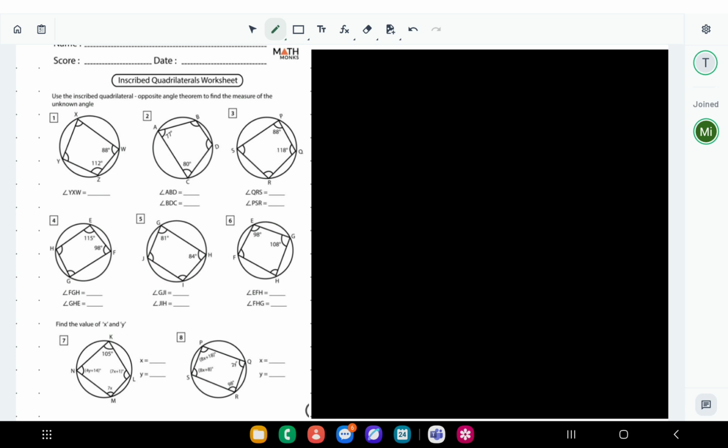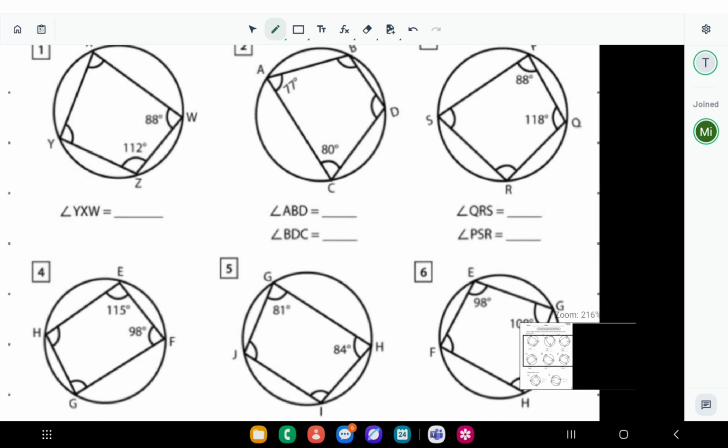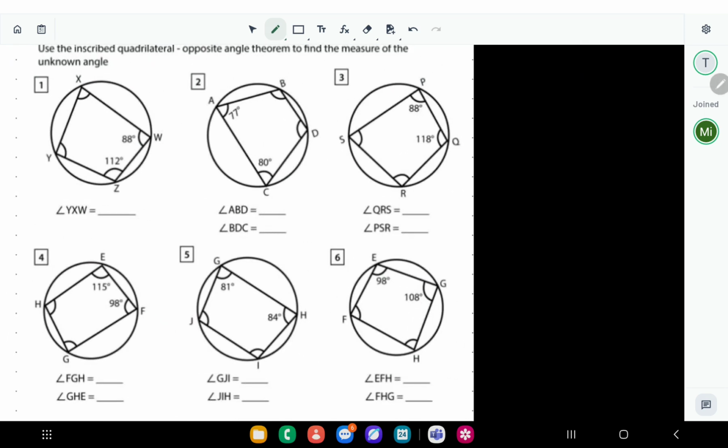Okay, so for the first one, what was our answer again? Angle YXW, that is 180 minus 112. All right, 180 minus 112 is 68. This one is 68 degrees.